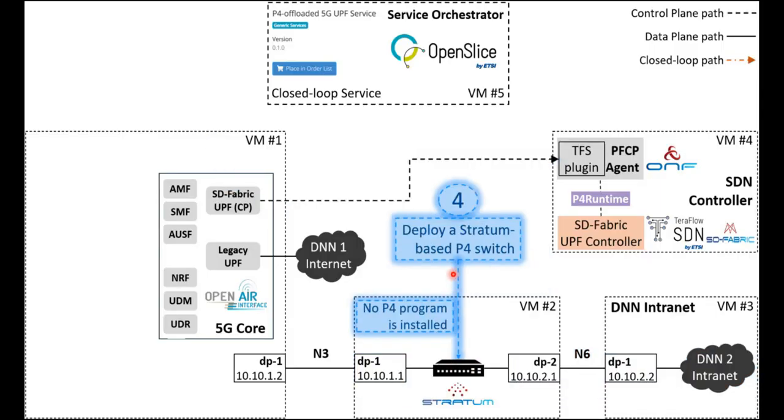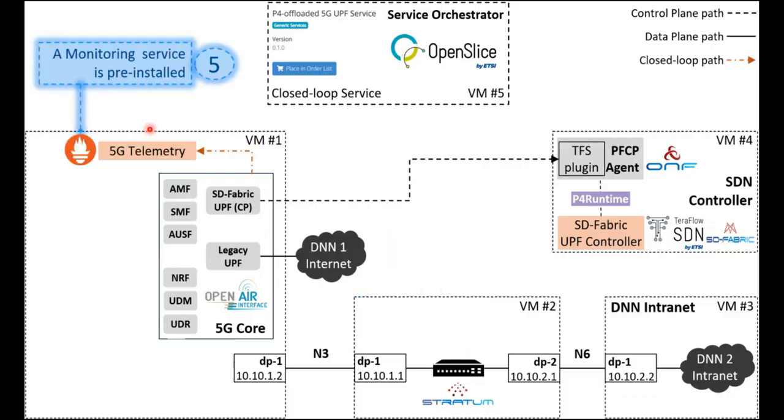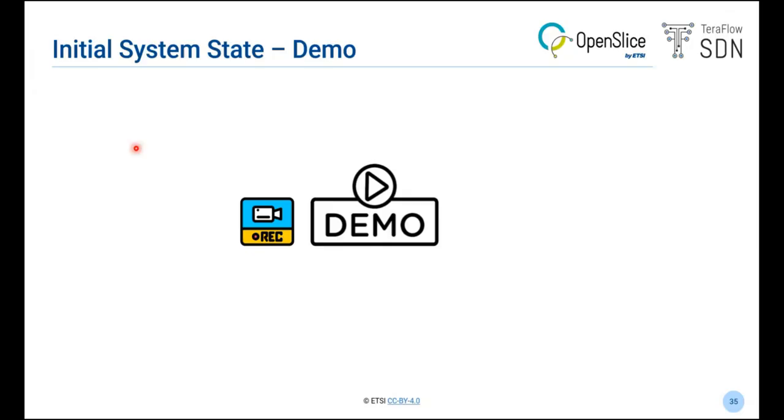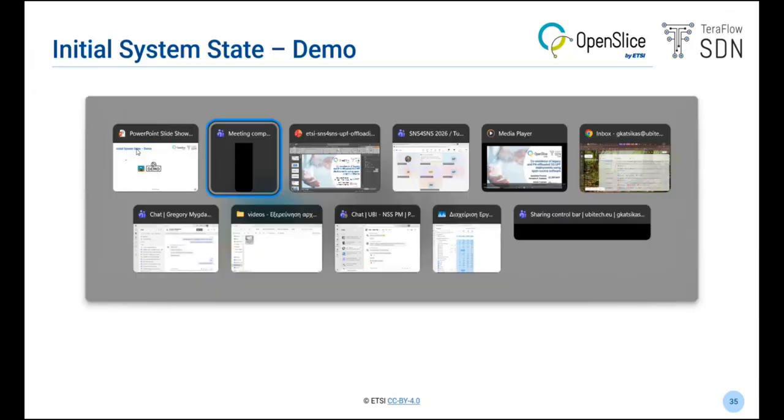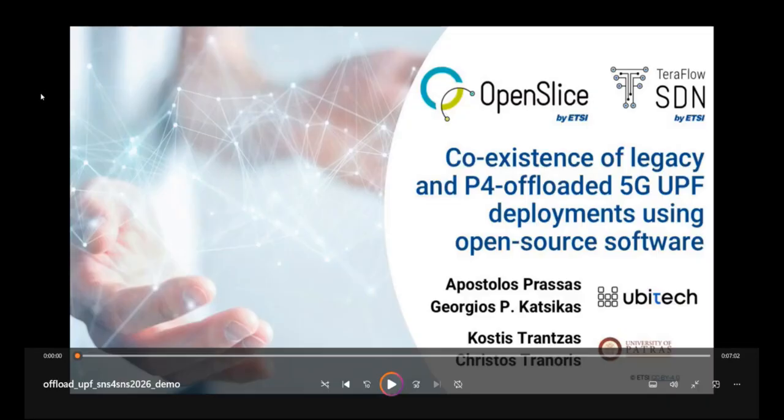We deploy Stratum there, but it's also empty at the beginning. So it doesn't run any P4 program, it doesn't have any rules, it's not configured at all. So nothing happens in this UPF. And then we showcase the telemetry of the 5G system, which is important for us here to close the loop. So let's start with this phase of the demo first. I'm going to play out the demo, the first phase of the demo.